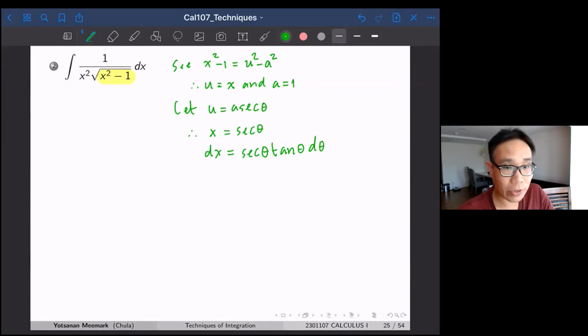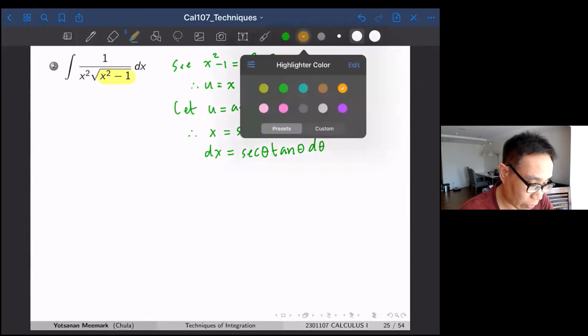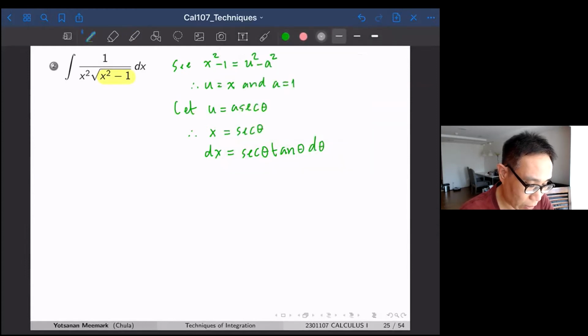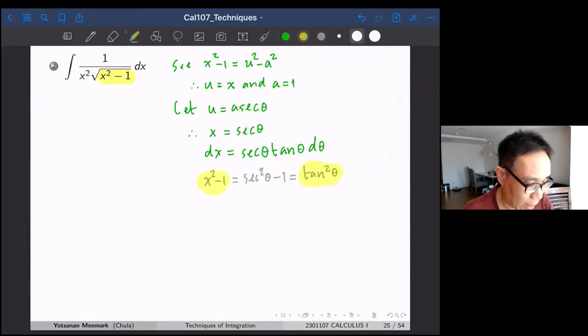So x equals sec theta, and this is my dx. You need to substitute for x squared minus 1. Let's compute it: x squared minus 1 equals sec squared theta minus 1, and sec squared minus 1 is tan squared. Now we substitute everything into the integral.